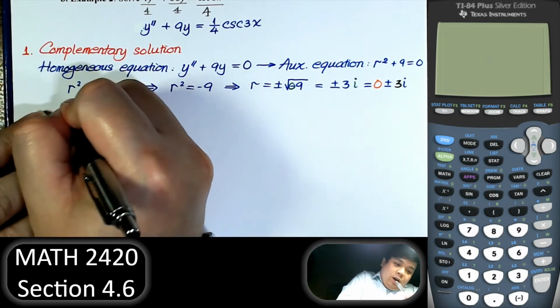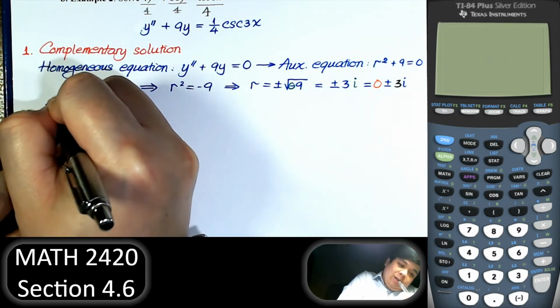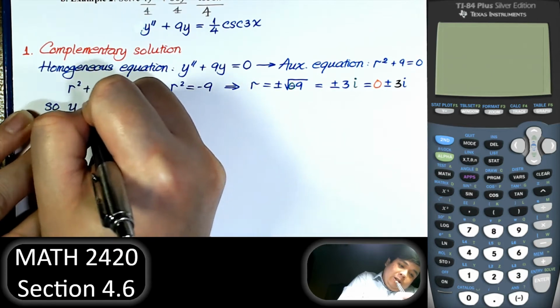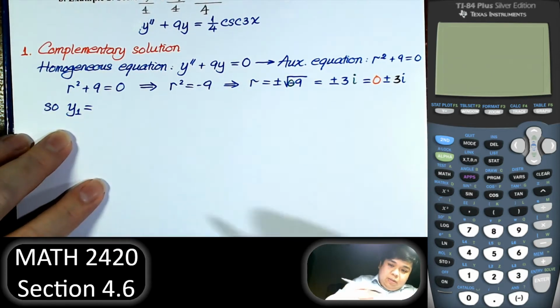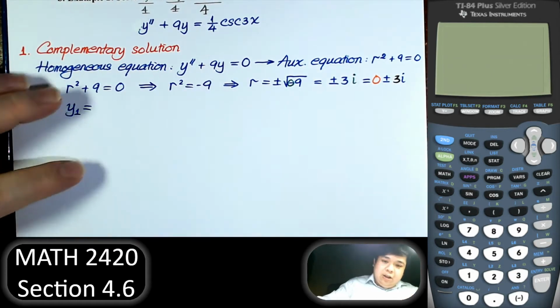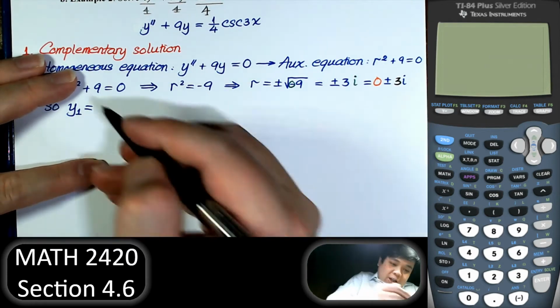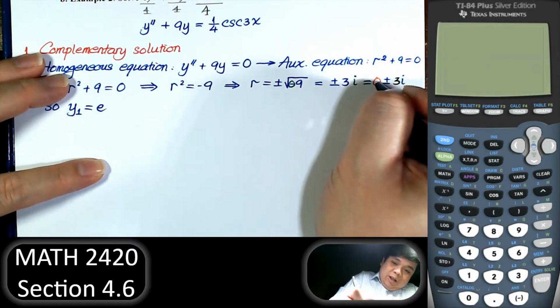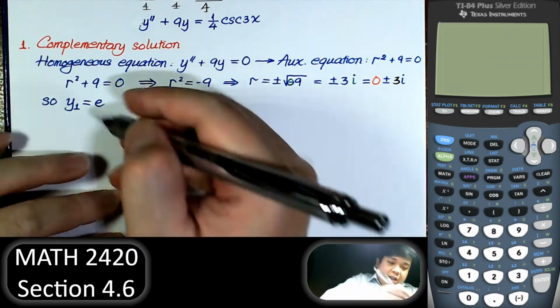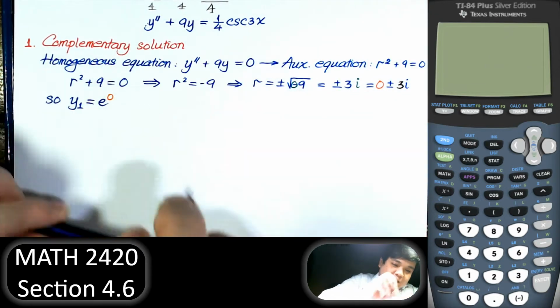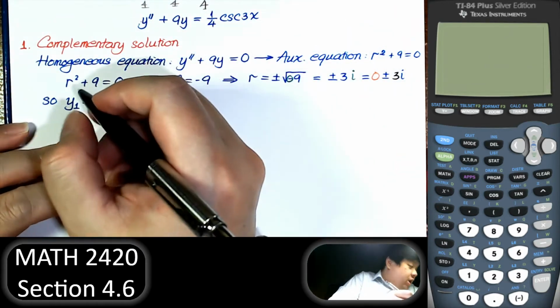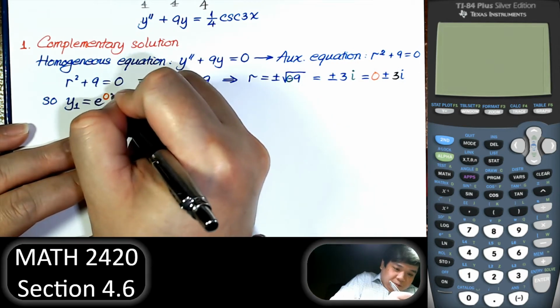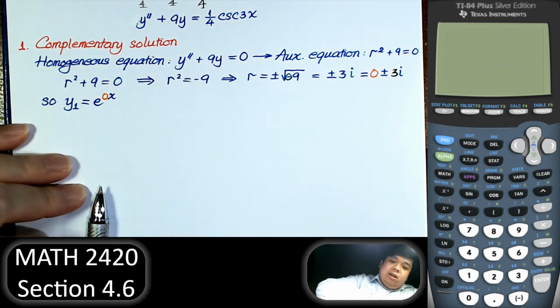So in that case, y1 is e to the alpha t. In this case, the variable is x, so use x.